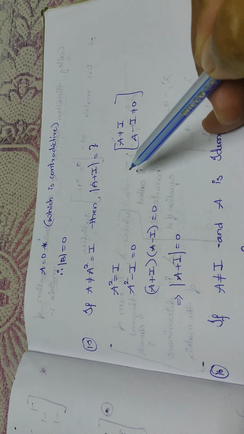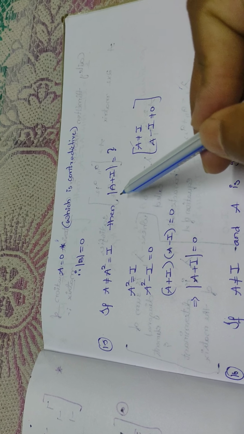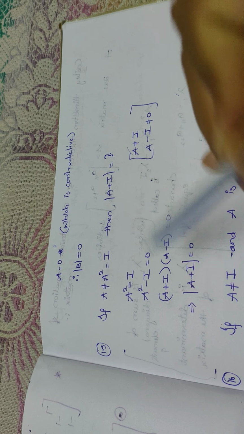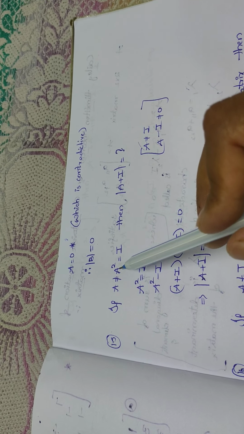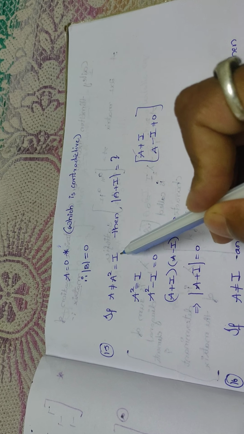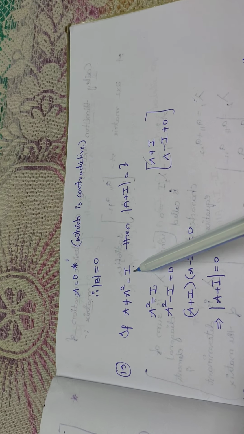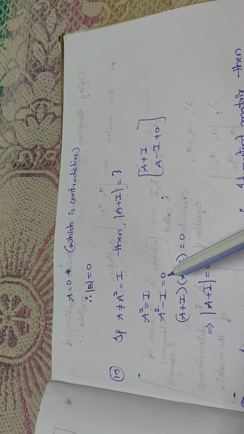Next one. If A is not equal to I and A square is equal to I, then determinant of A plus I is equal to how much? Here A square is equal to I, so A square minus I is equal to 0.